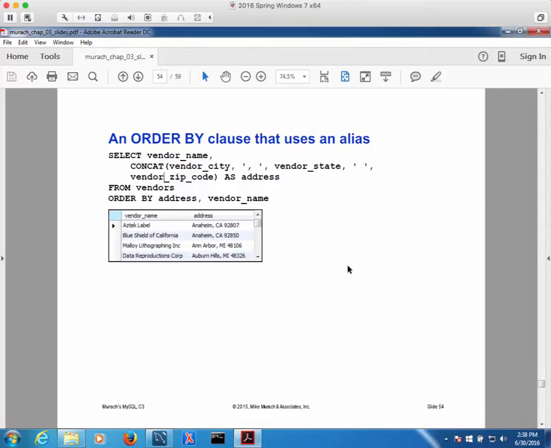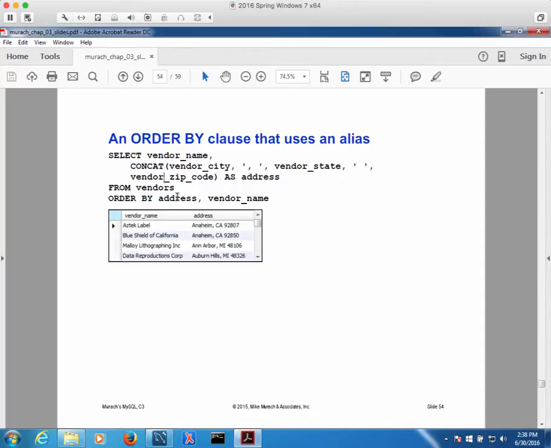And this order by clause uses an alias. So we can actually order by one of the columns that we created up in the select clause. Up in the select, we created a column and we gave it this alias called address.